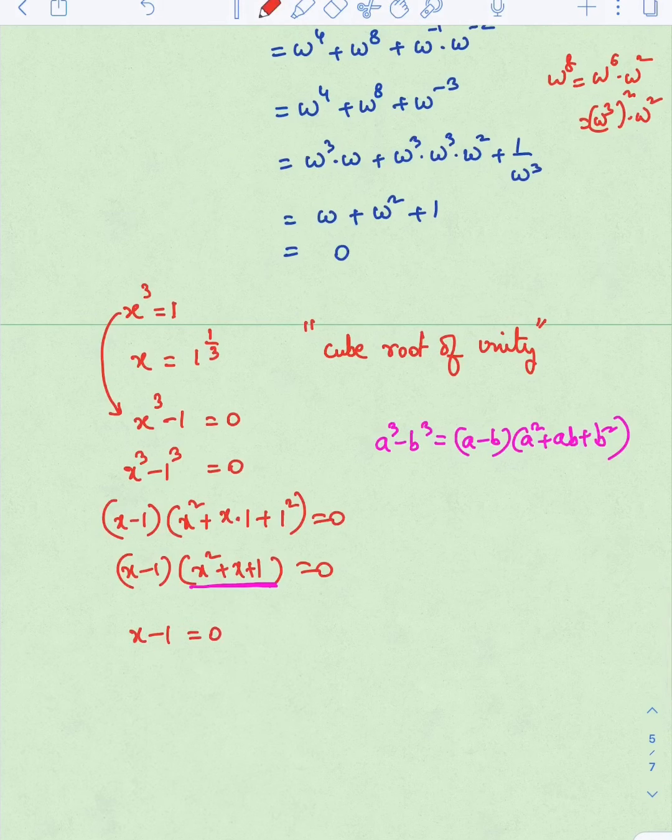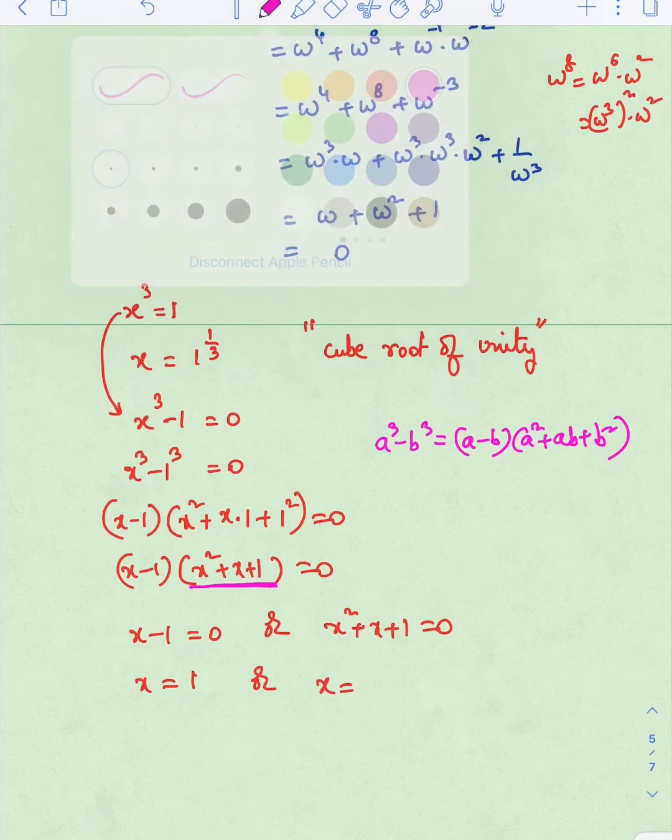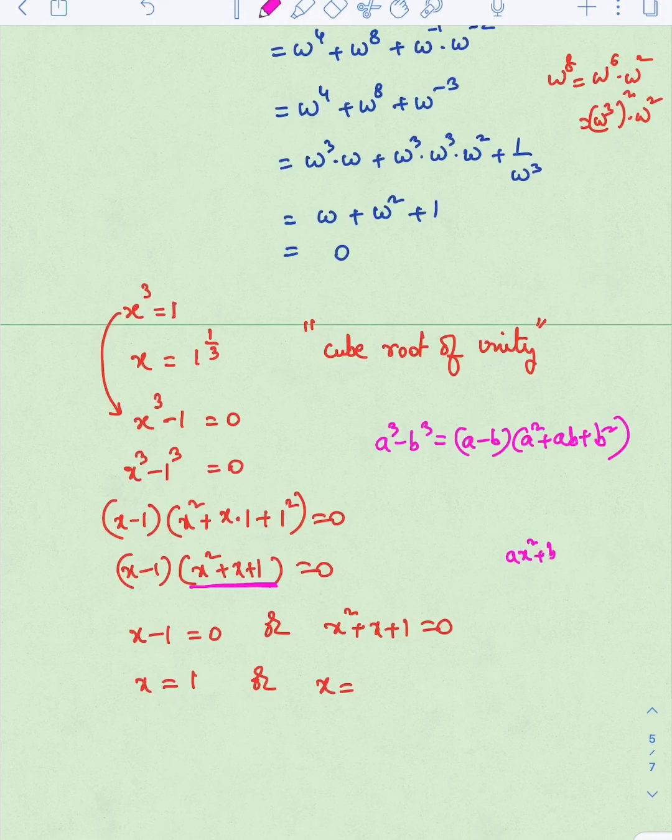We move further. X minus 1 is equal to 0 or x square plus x plus 1 is equal to 0. Here what is a root? X is equal to 1. And for this, use quadratic formula method. In quadratic formula method, ax square plus bx plus c is equal to 0.